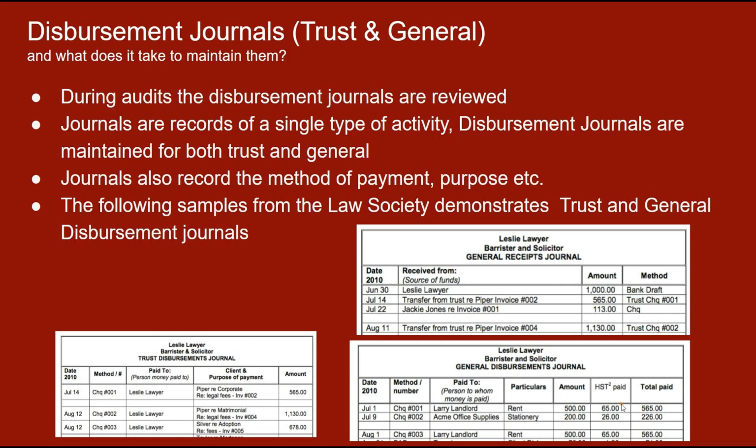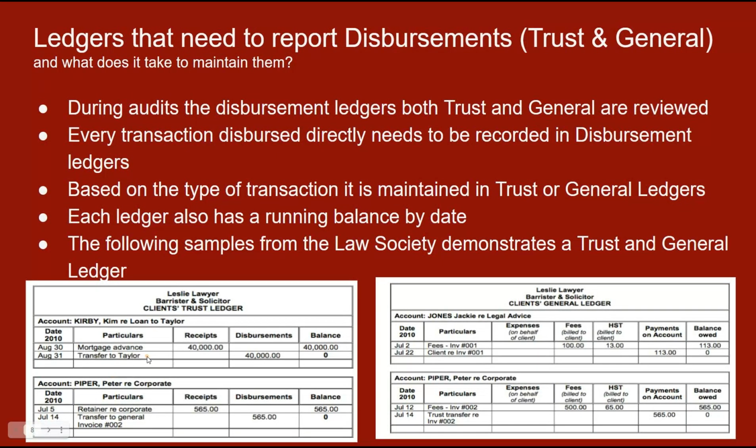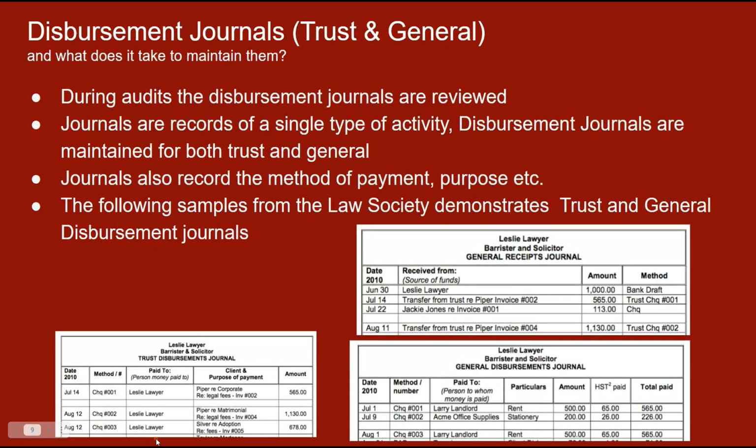Again, long story short, the two major columns that are added in the journal are the method of payment and who this is paid to, whereas in your ledger, you don't have any of that. You just have the date, the details of what was it for, the amount, and the running balance. Whereas in the journal, you see they really don't care for the running balance. Okay?